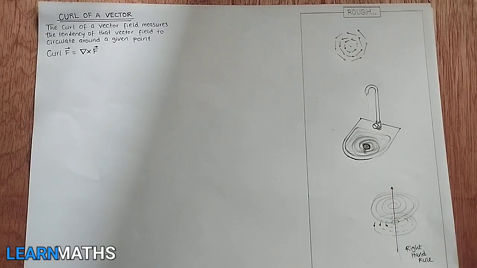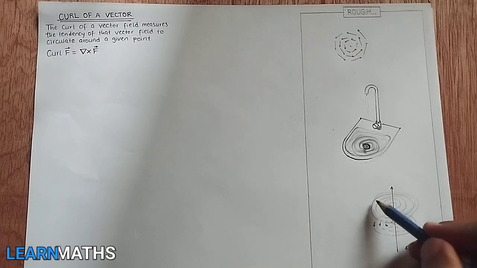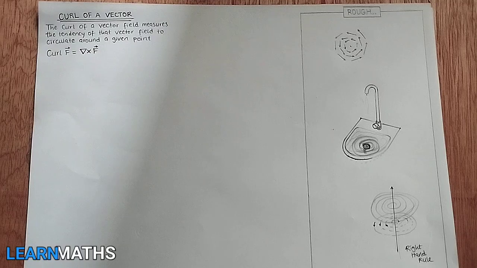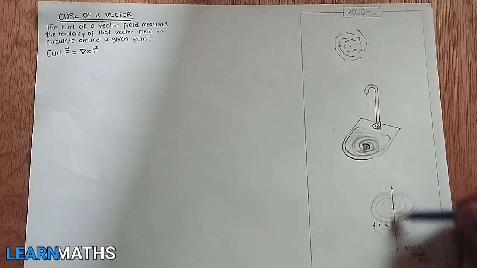The direction of this curl can be determined using the right hand rule, whereby you place your fingers against your palm and just stretch your thumb out. The direction of your fingers, which you have closed with your palm, shows you the direction of the curl. And where your thumb is pointing out, that's the axis of rotation.